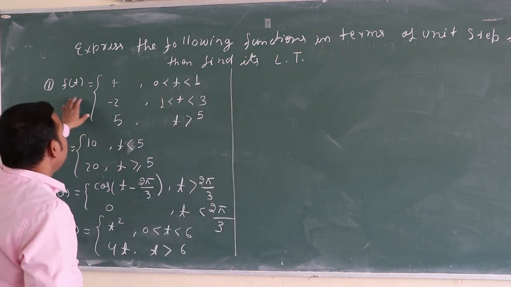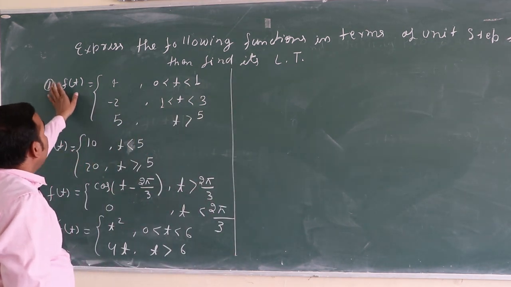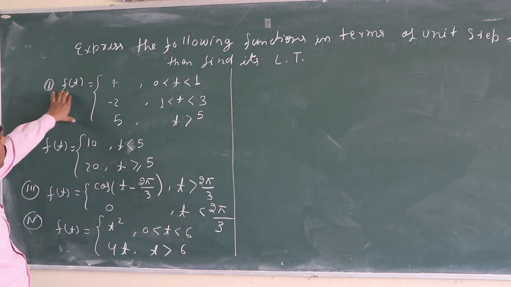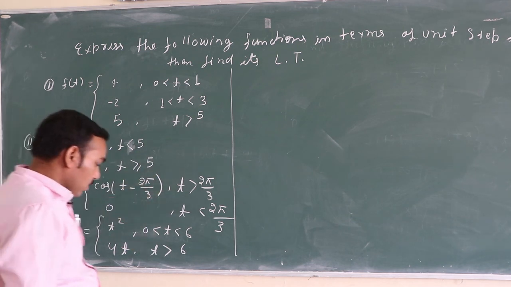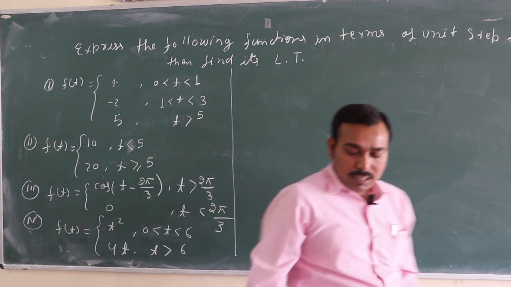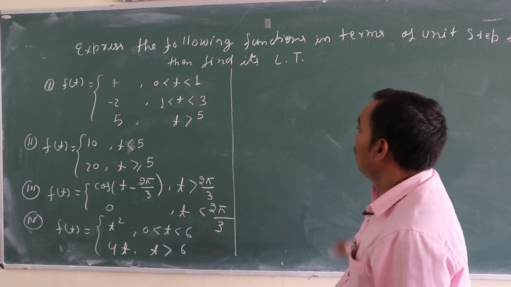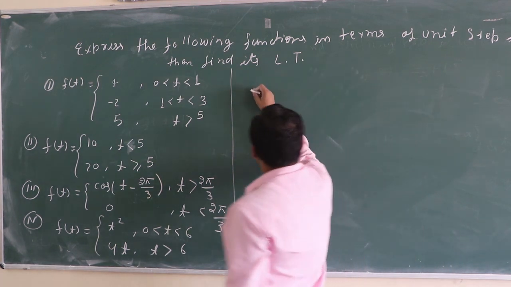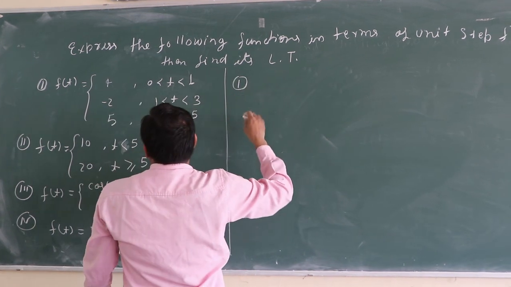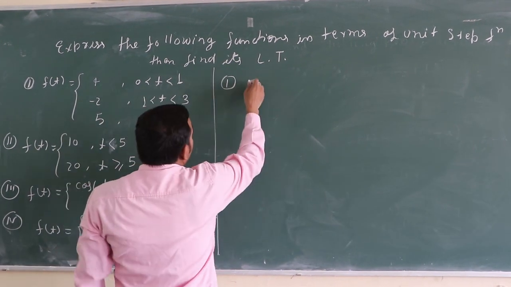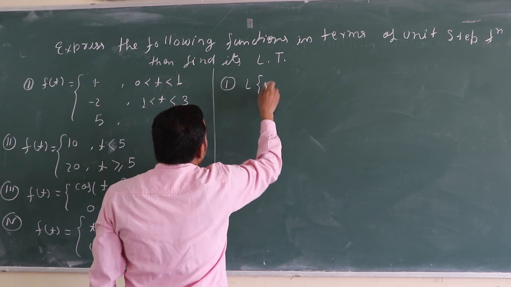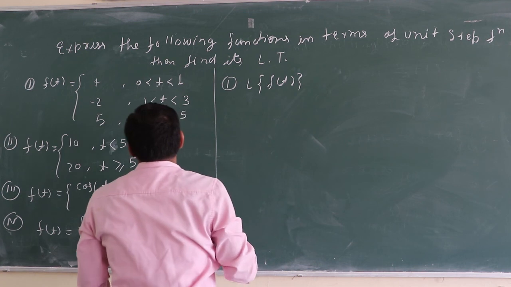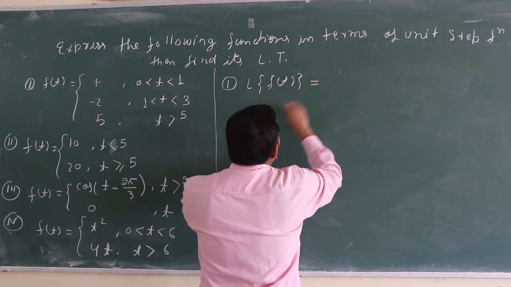First, express these functions in terms of the unit step function, and with the properties of the unit step function, try to find the Laplace of these functions. So the first one, we can write as Laplace of f(t) equal to 4.